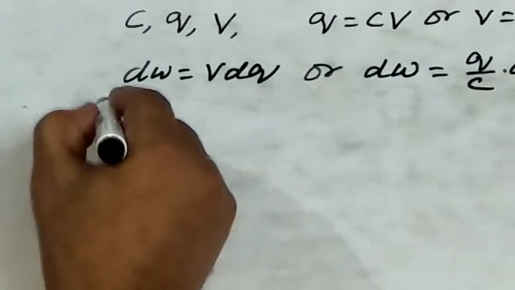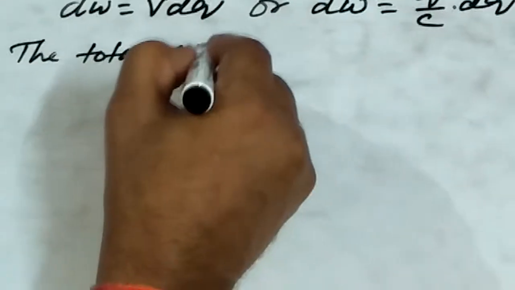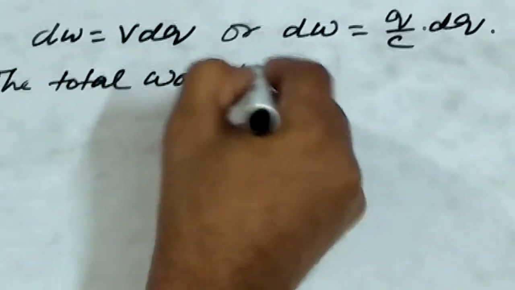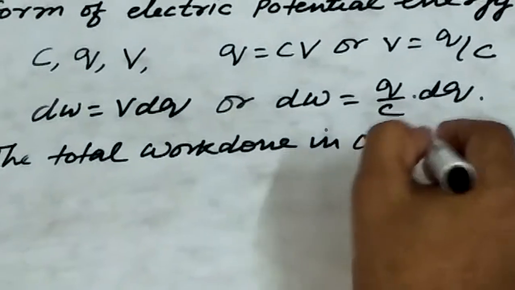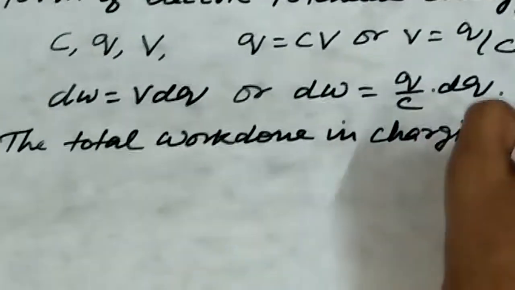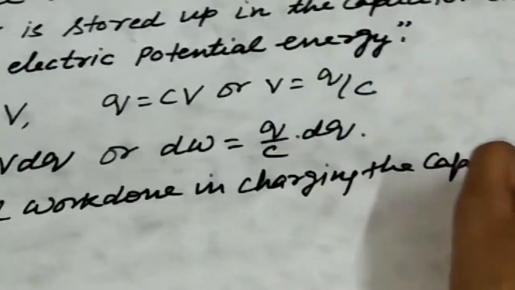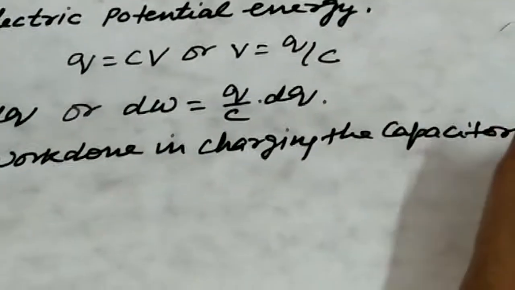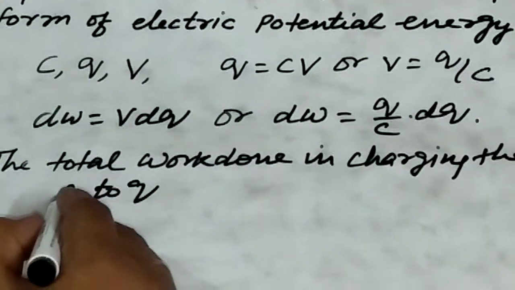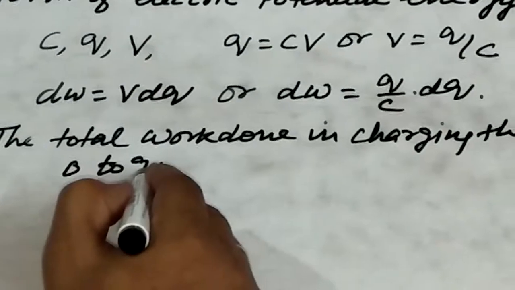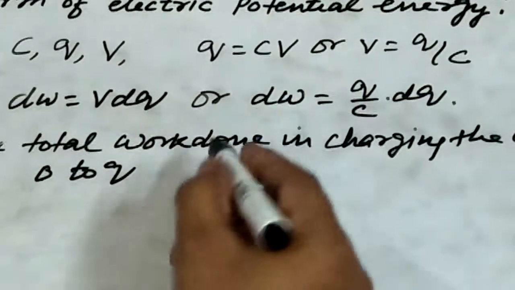So the total work done in charging the capacitor from 0 to Q, from the uncharged condition to finally giving the charge Q to that capacitor, how can we obtain it?